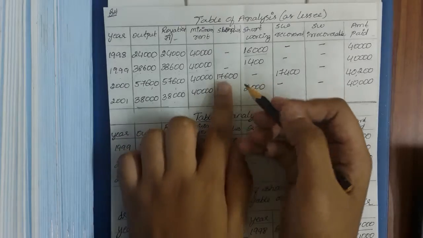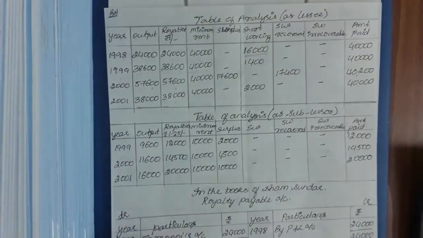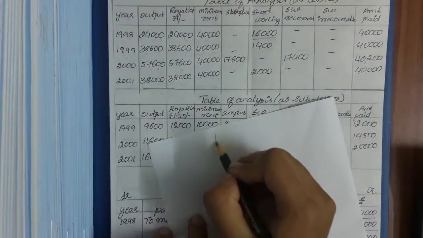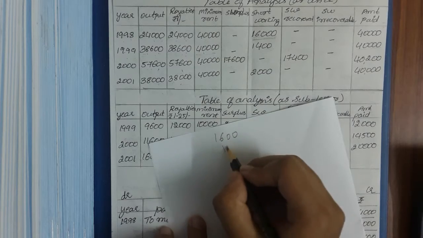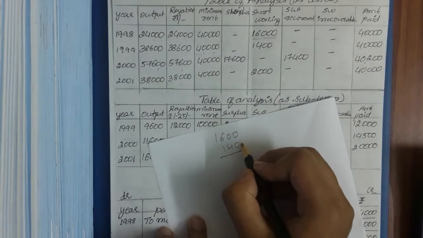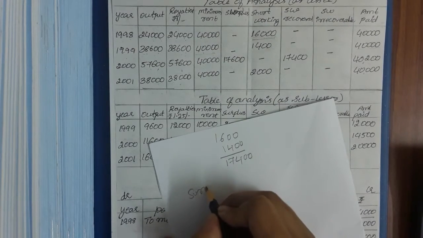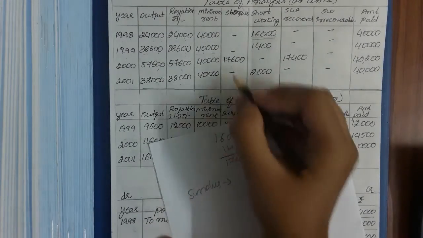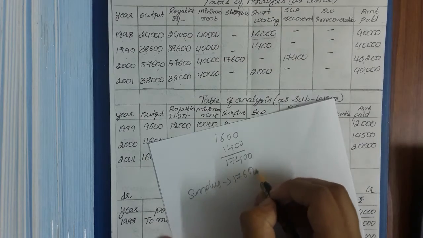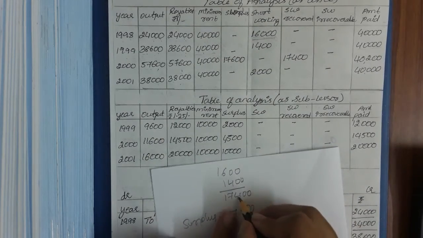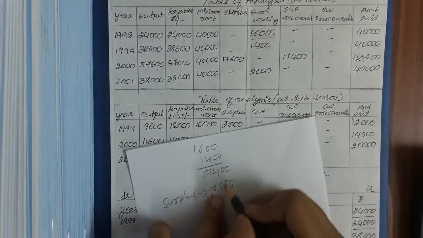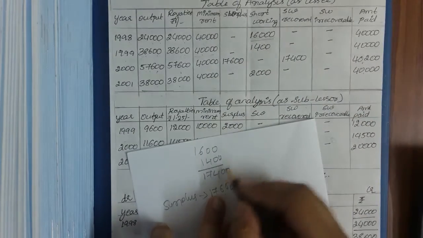What happens here? What are the short workings we have here? 16,000 plus 1,400. The short workings will be 17,400. The surplus we have now is 17,600, right? So what happens? Out of the 17,600, we will be writing off this 17,400.